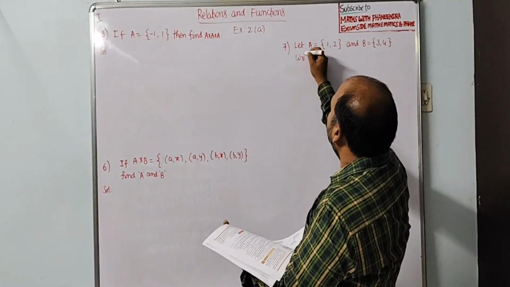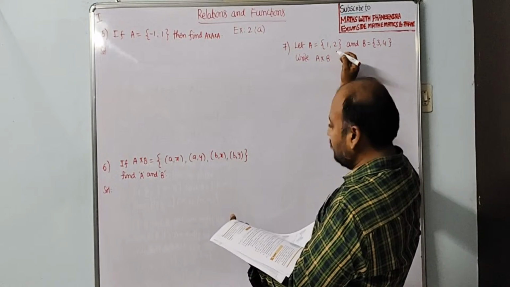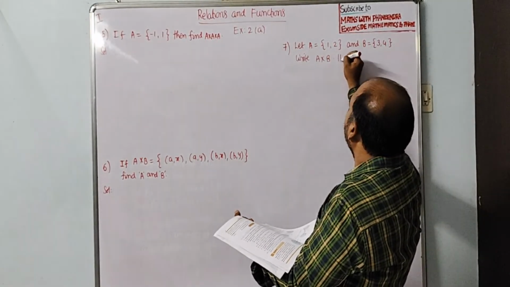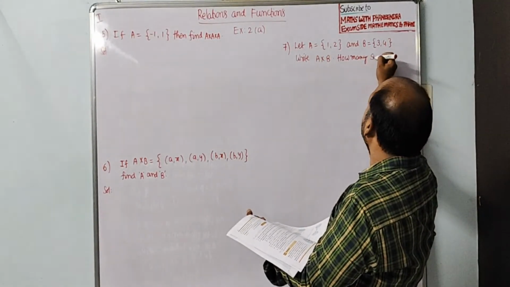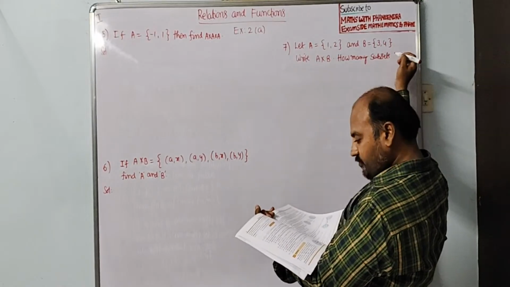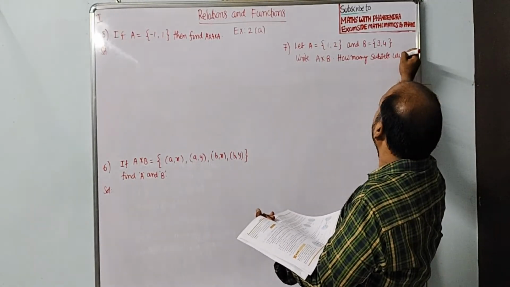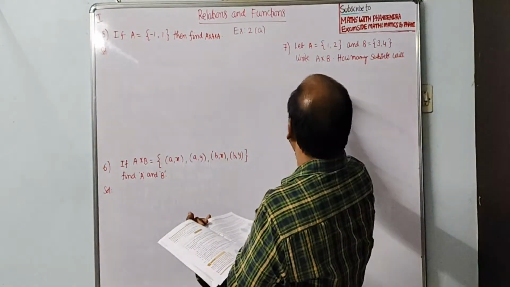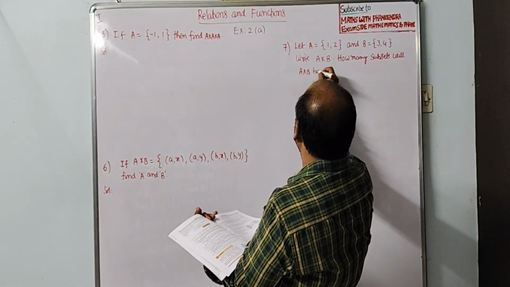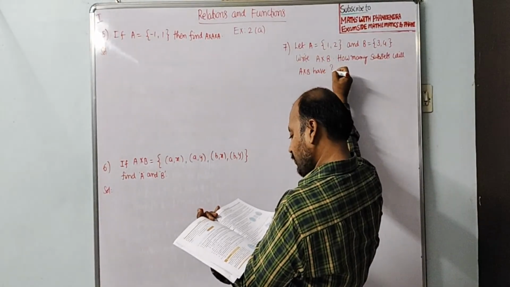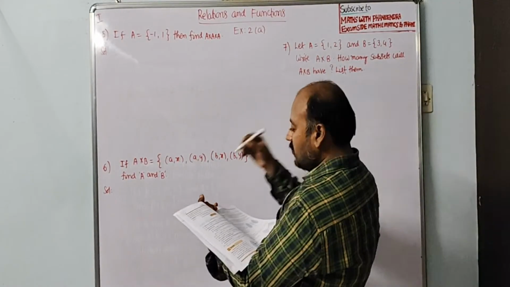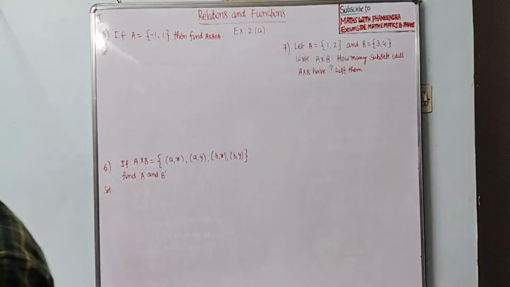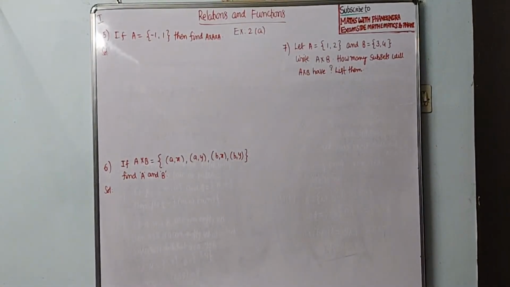Write A cross B. How many subsets will A cross B have? List them and try to write all the elements, whatever they are asking to provide.